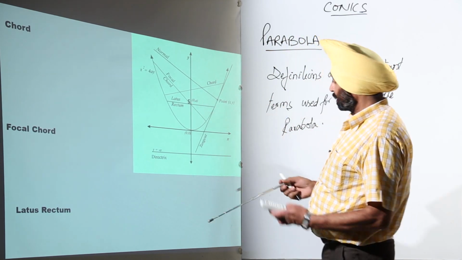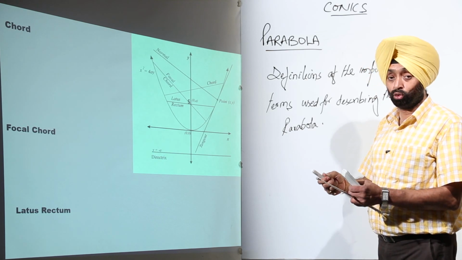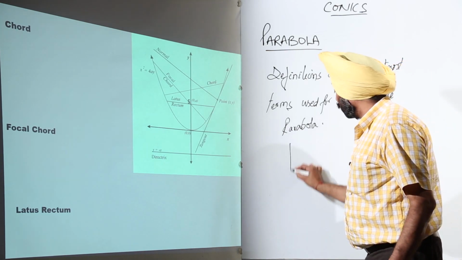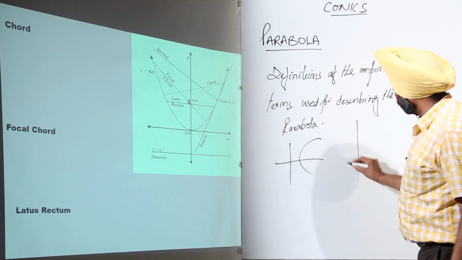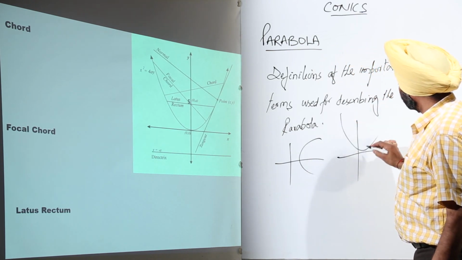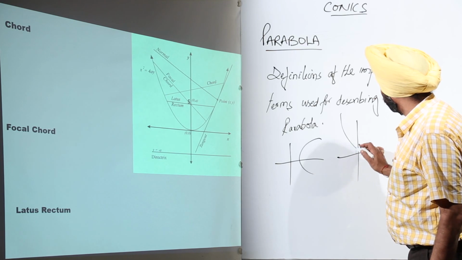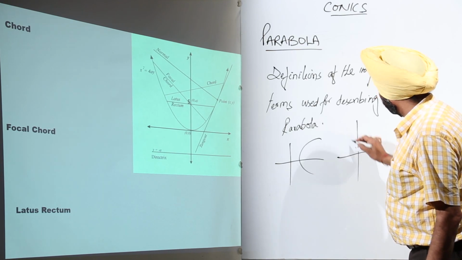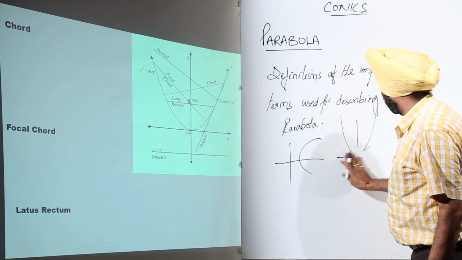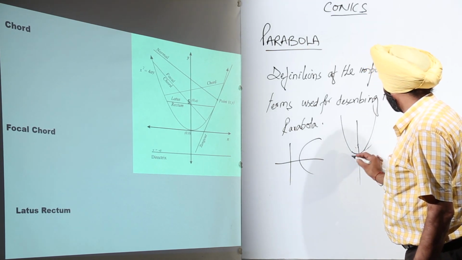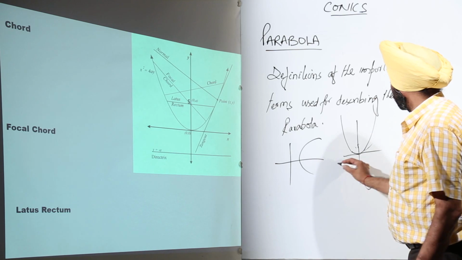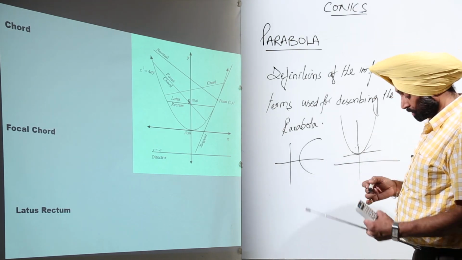Now the parabola which I showed you earlier was in a different shape. Now in this shape, so that there should not be any confusion. This is the vertex now. This is the directrix. Is it clear?